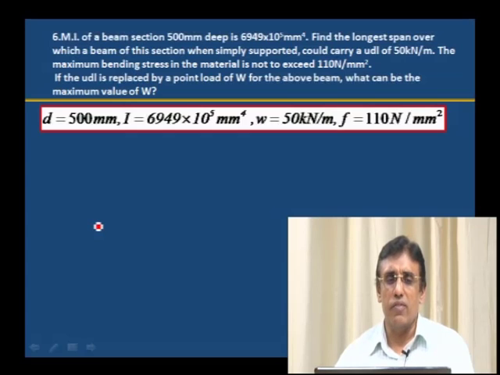Z is I by Y, that is 6949 into 10 to the power 5 divided by 250. After knowing Z, M is equal to Z into F. Z you know, F is already given in the problem, so M you can find out. Then, using the relation for maximum bending moment, M is equal to WL square by 8, you have to equate the moment of resistance with the maximum bending moment, and then you will get the longest span.